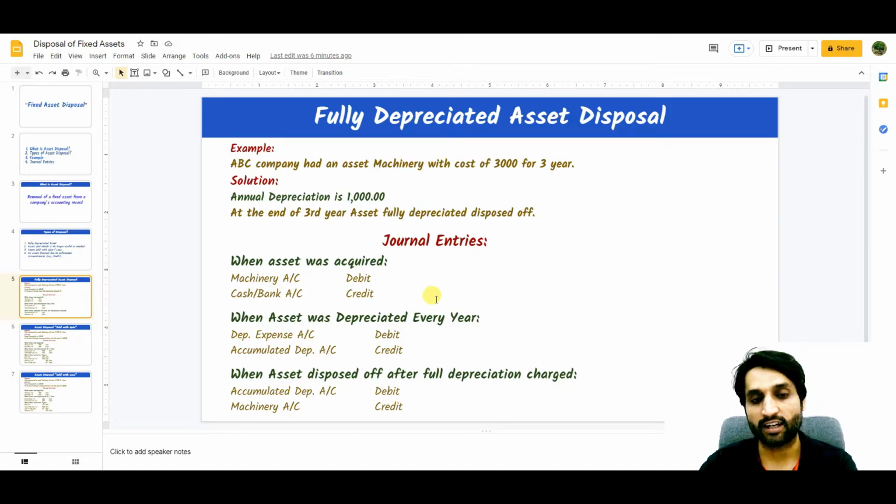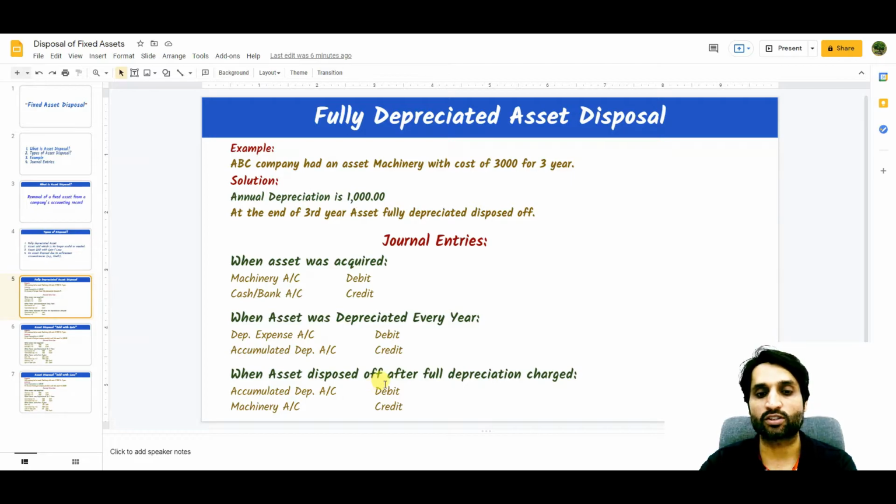So at the end of the third year there was 3,000 of depreciation. The depreciation expense account in the profit and loss account will be debit, and accumulated depreciation account credit in the balance sheet under fixed assets as a minus or credit balance.